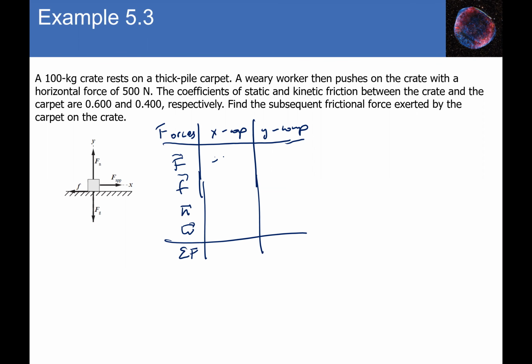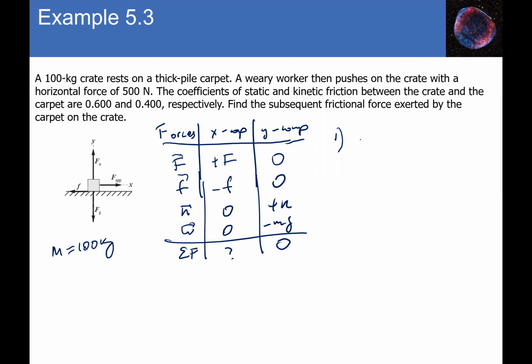In x it's plus F, minus F friction, 0, 0; in y it's plus N and minus mg. I know that this is definitely 0, but here it's not clear. We know that mass is 100 kilograms, and in the y direction everything is 0.